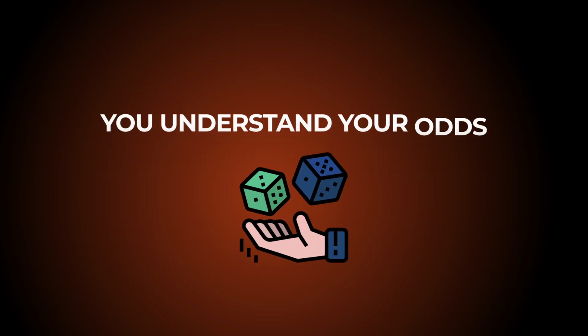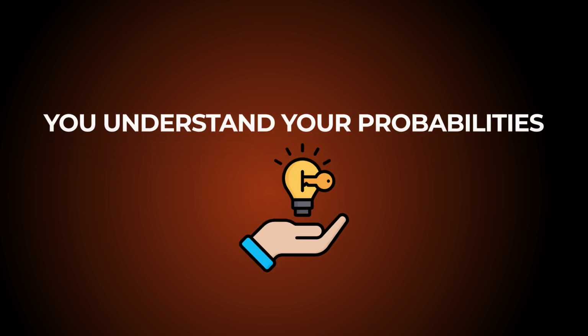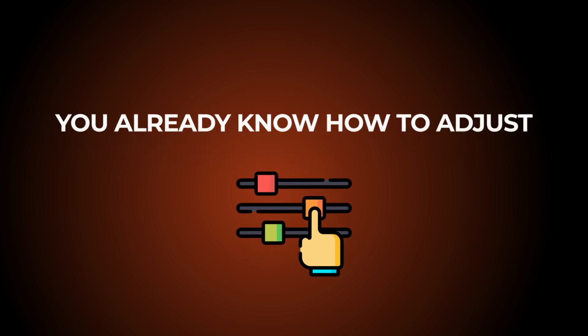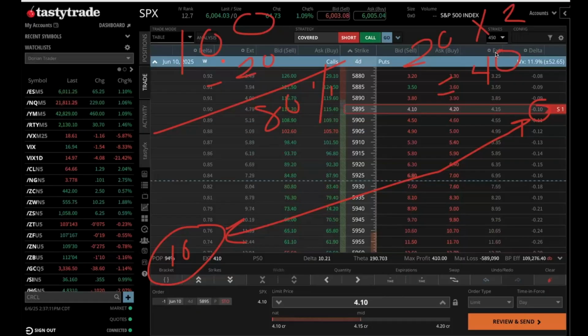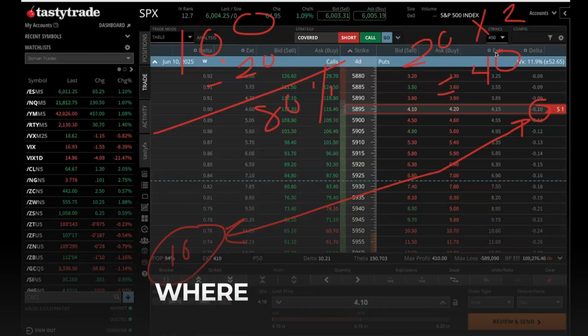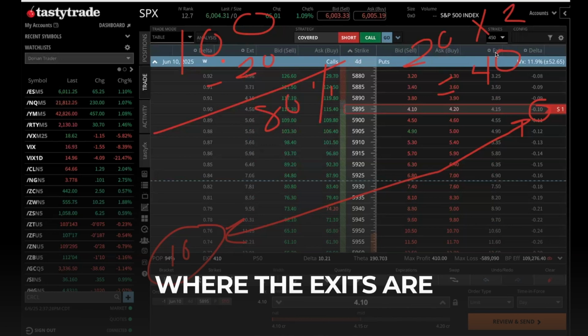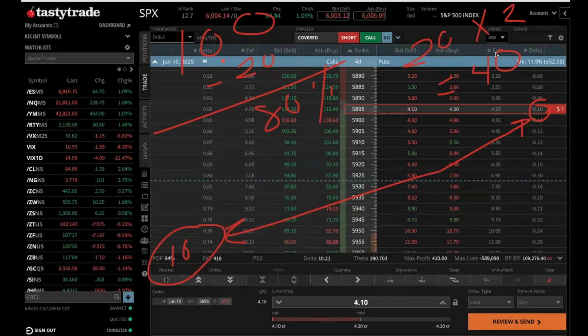So you understand your odds. You understand your probabilities. You already know how to adjust before you have to adjust. You already know what you're going to do before you have to do it. It's like going into a movie theater. You guys have heard me say this before. If you do not know where the exits are and something goes down, something jumps off, and you have to exit, you're already behind the 8 ball.